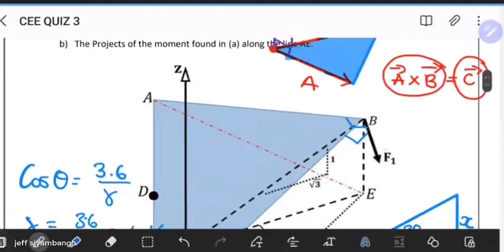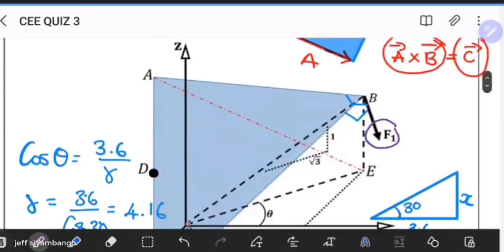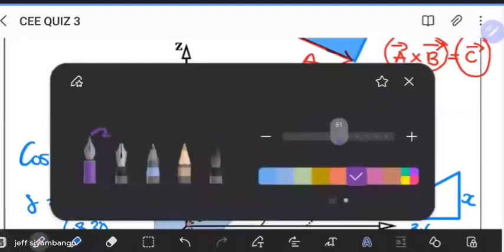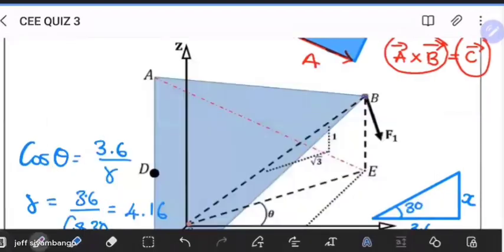Since they say that this force F1 is perpendicular to the plane ABC, we'll try to find these vectors. Remember, the vectors are coming from this point.